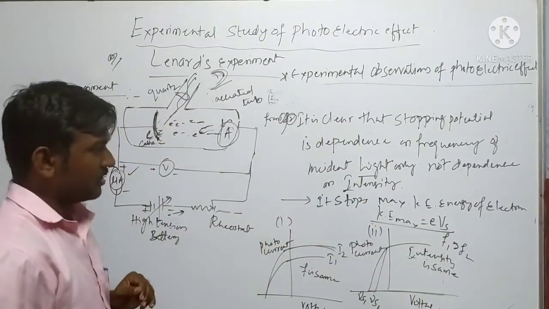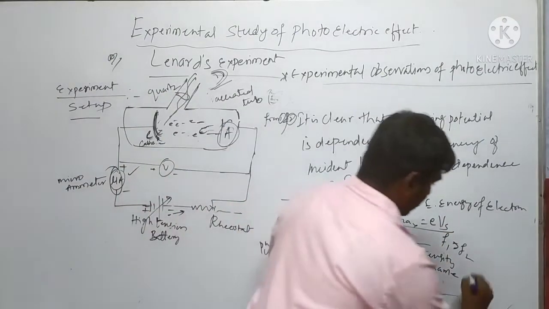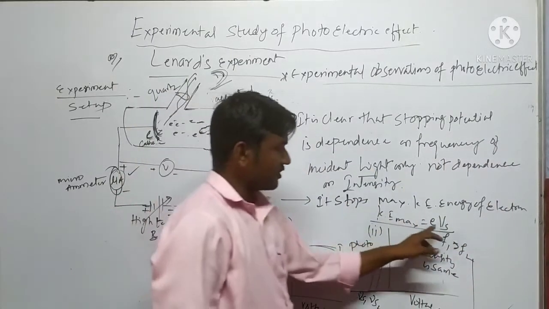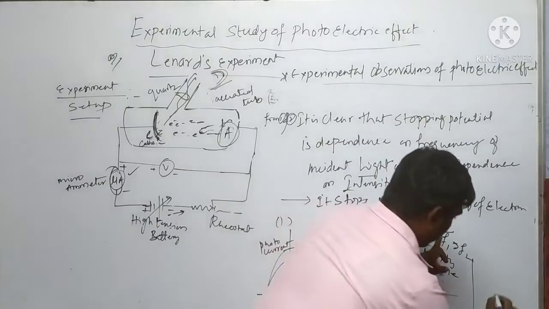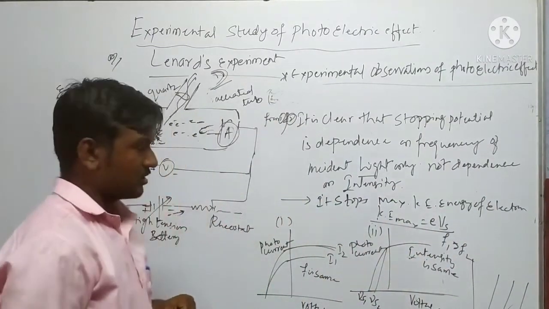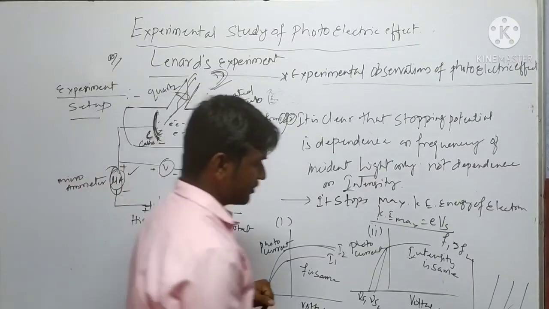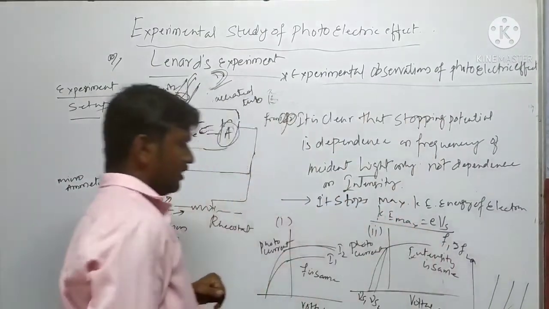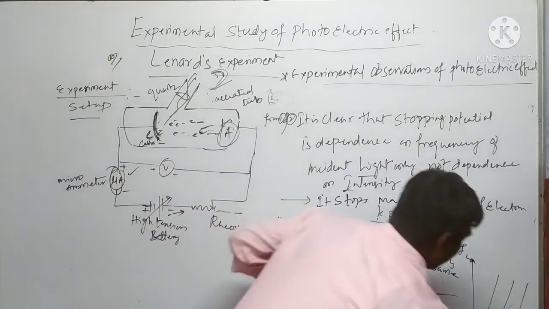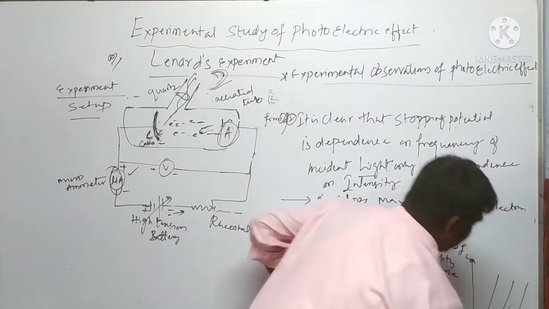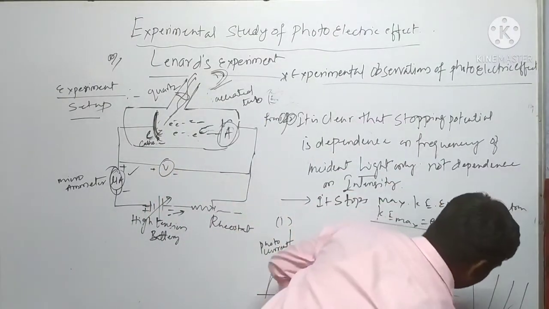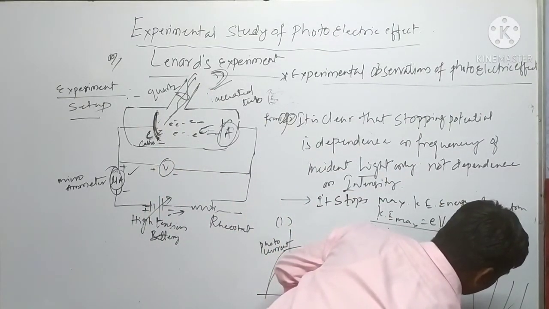For a different purpose, if you study the graph of kinetic energy versus potential, you have different potentials for different metals. We have the graph of frequency versus stopping potential. It depends only on frequency, meaning Vs1, Vs2.